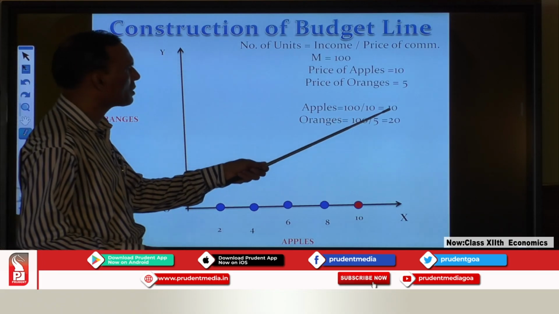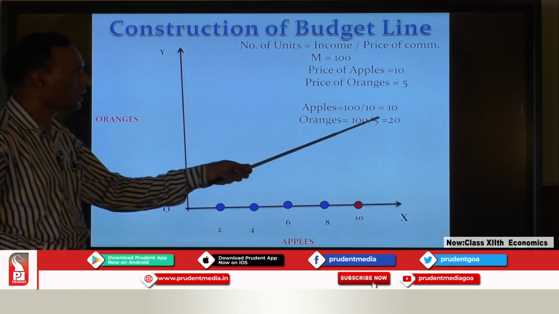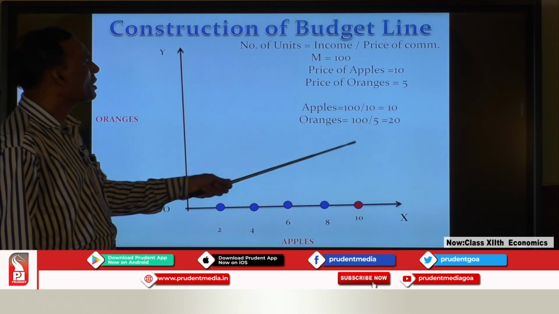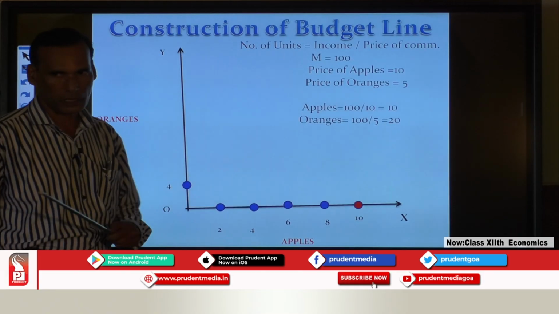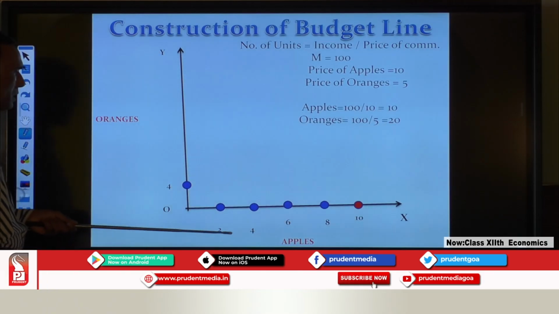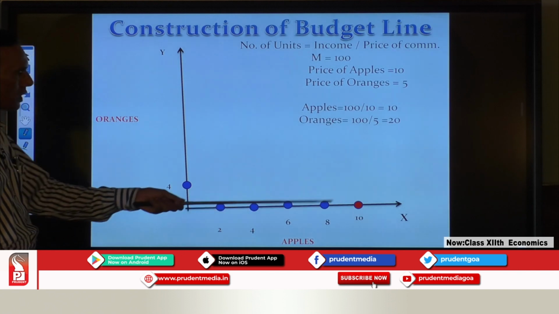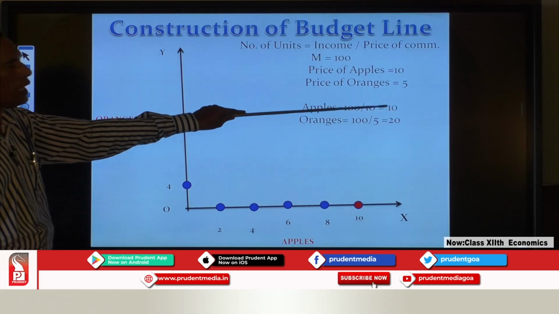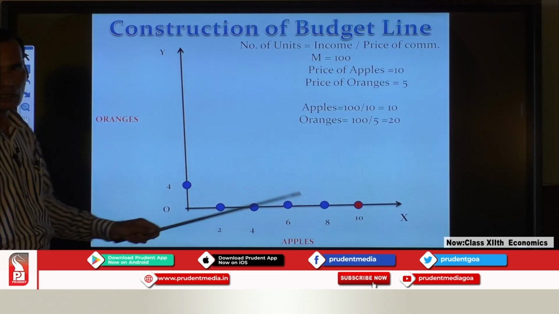Taking the values from the calculation, in case of apples I got 10, and in case of oranges I got 20. Taking 1 centimeter as 2 units, I have taken the scale, and see that the value is included on the axis.